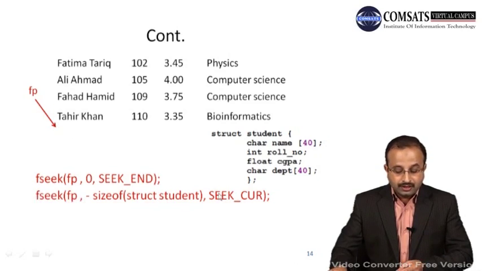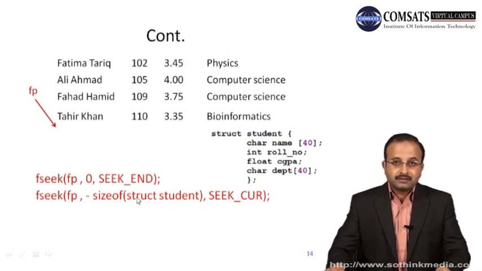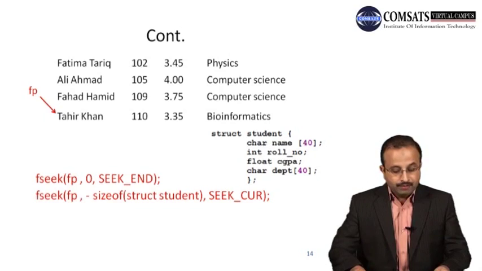So ये है. So seek current means the second fseek function will move the file pointer from the current position 88 bytes backward. So now the file pointer points to this position in the file. ठीक है, वो इस position को point करेगा अब. And then if we have, let's say, seek current.